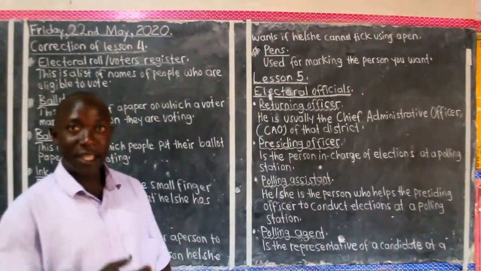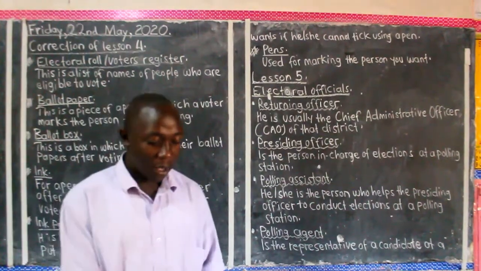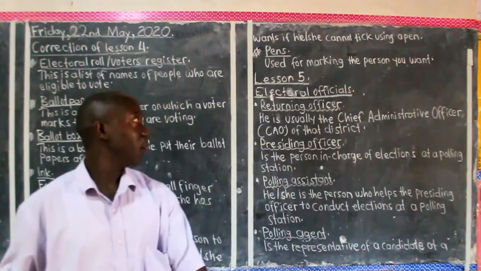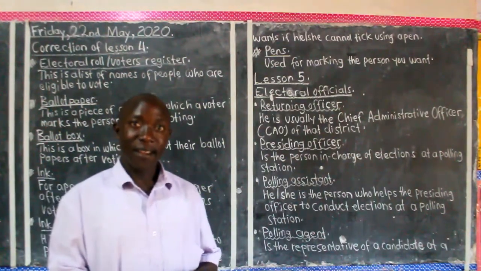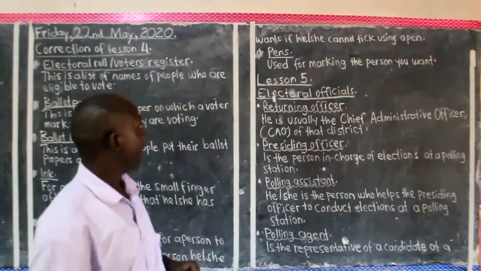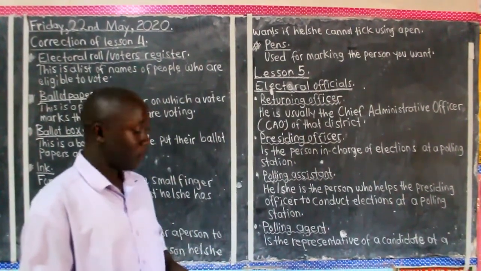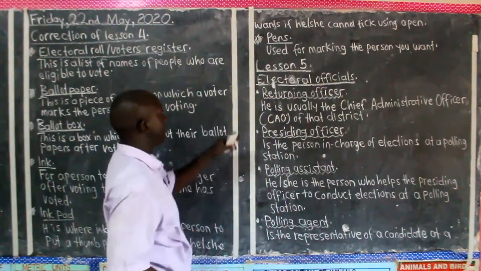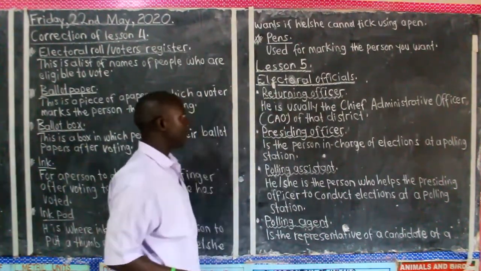Then we proceed with lesson 5. Our lesson 5 for today, we are still continuing with more terms connected to the Electoral Commission. And here now we are heading to lesson 5, and this is the electoral officials.